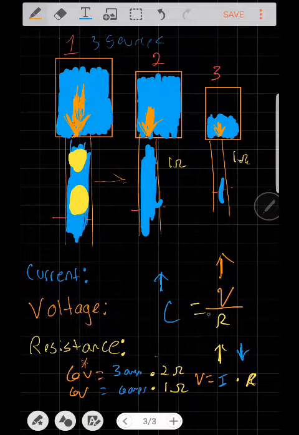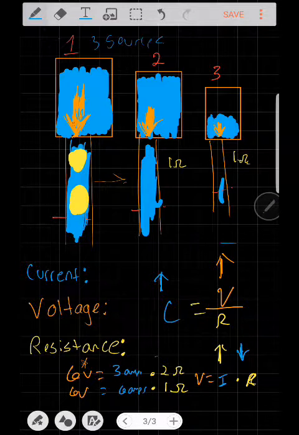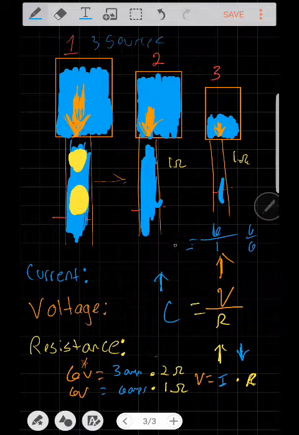But go back to here. What would happen if, again, say my current was whatever number it was, and I increased my resistance? So this remains 6, but I increased my resistance from 1 to 6. So it was 1. Now it's 6 over 6. Well, what's going to happen to my current? My current is going to be 6 here, but it's going to be 1 over here. Well, what does that mean?